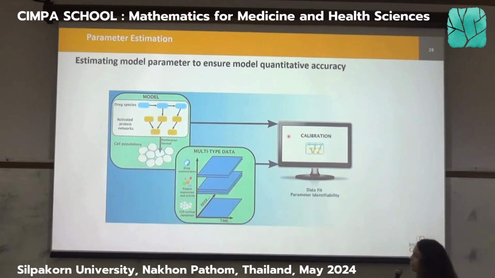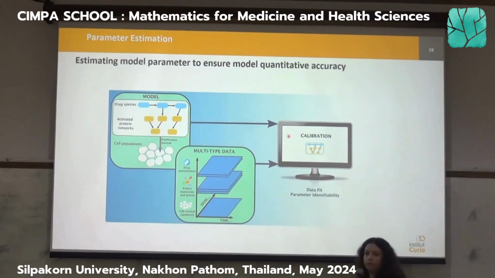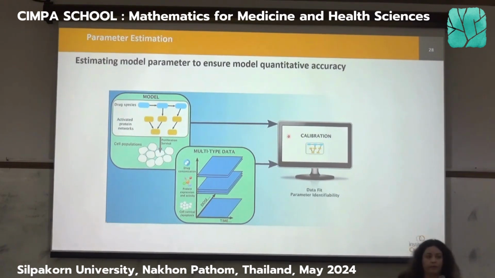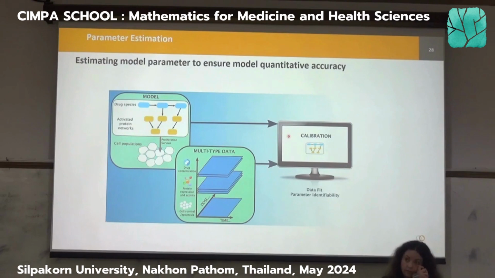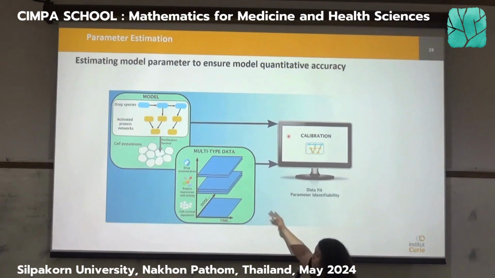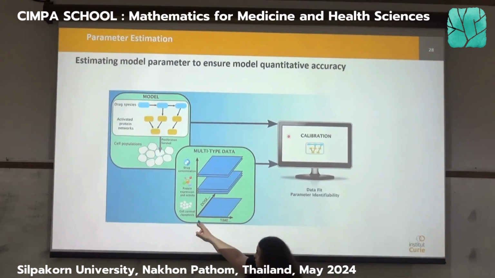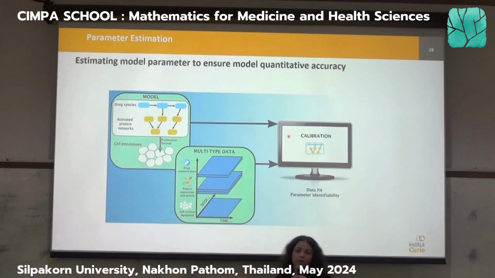So now, once you have your mathematical model and your equations, you want to estimate your parameters. And as I was saying, this is really important. This is where you want to collect plenty of different data with different dimensions, different types. So here I have, for instance, shown the time, because you can have time-dependent data, and you can also have dose-dependent data for different doses of the drug, and then you will have data for different species or different quantities.